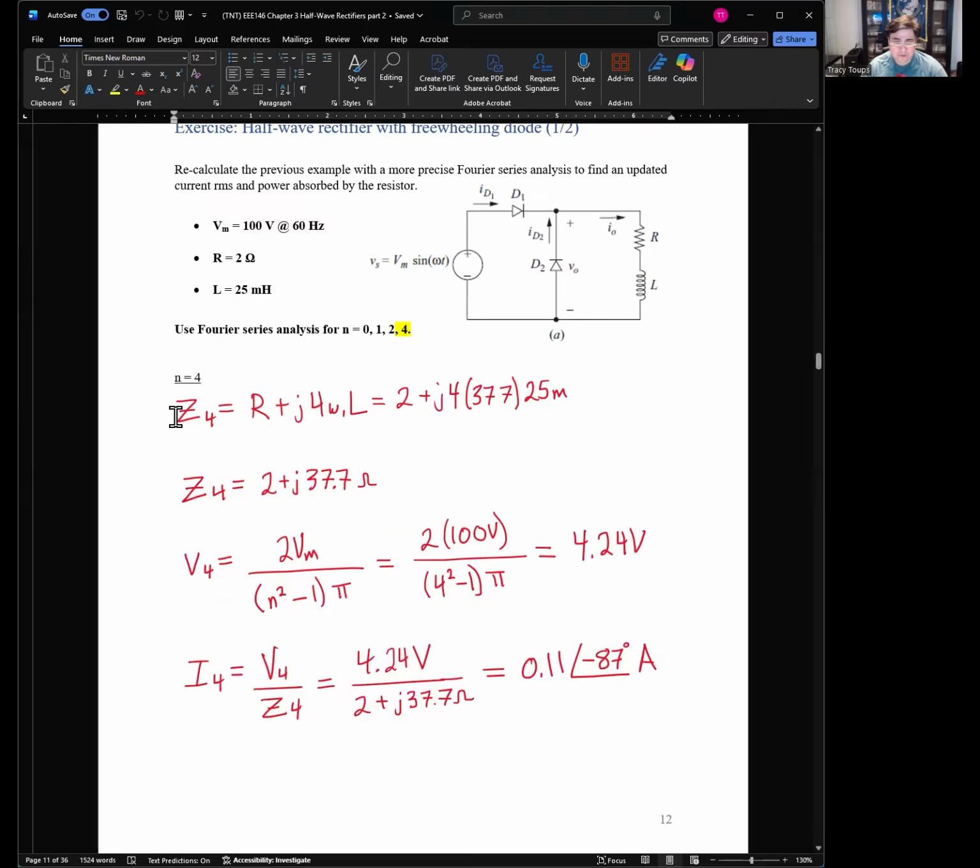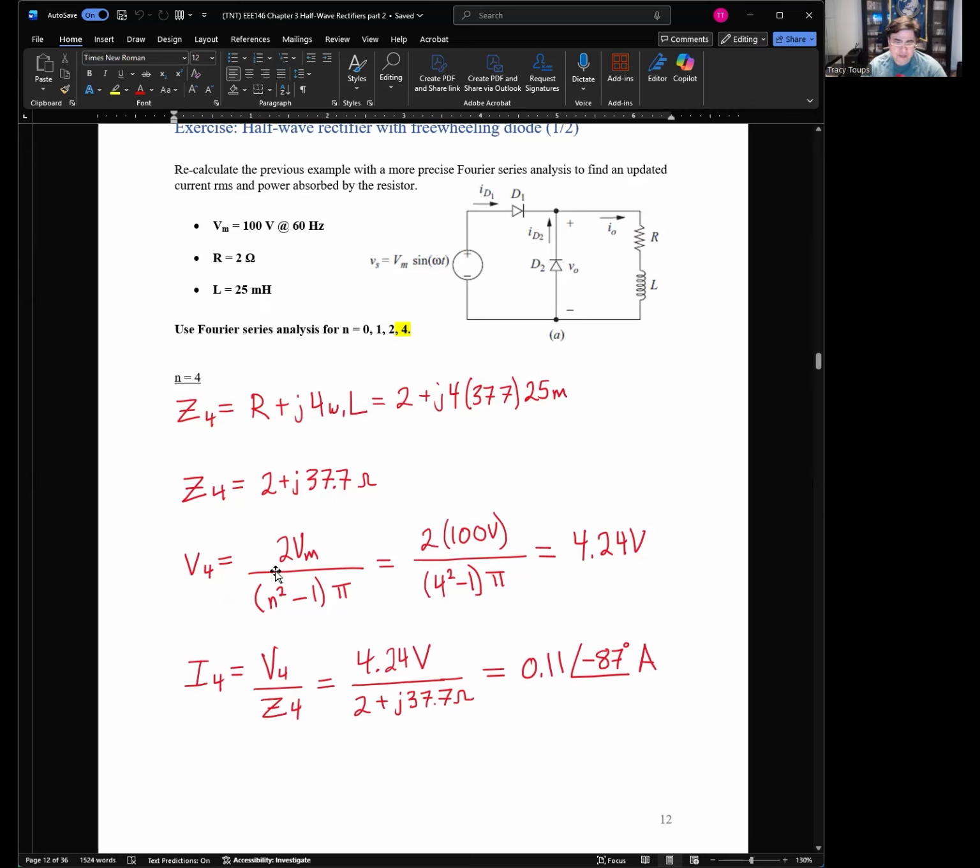So n equals 4. We need the impedance of the load, Z4. This is equal to R plus j4 times omega 1 L, which is 2 ohms plus j4 times 377 radians per second times 25 millihenries, so 2 plus j150.8 ohms.